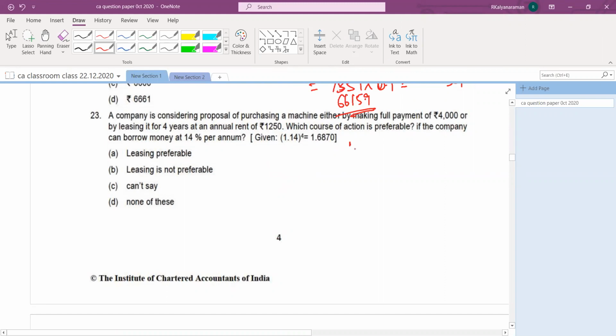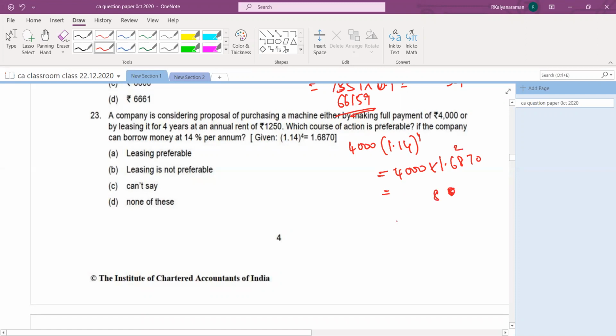So for 4 years, the compound interest amount for 4,000 is 4,000 into 1.14 power 4. So this is 4,000 into 1.6870.